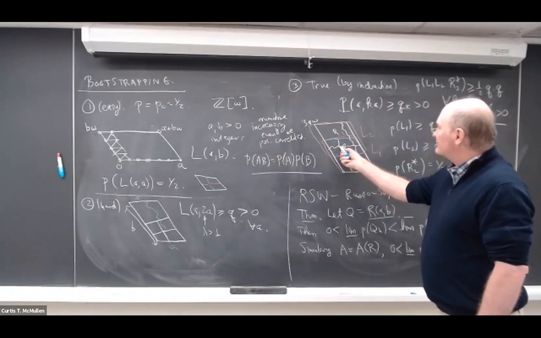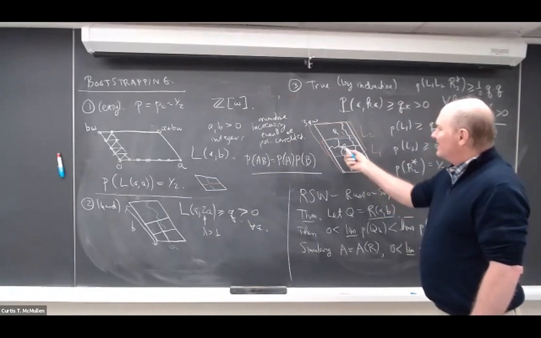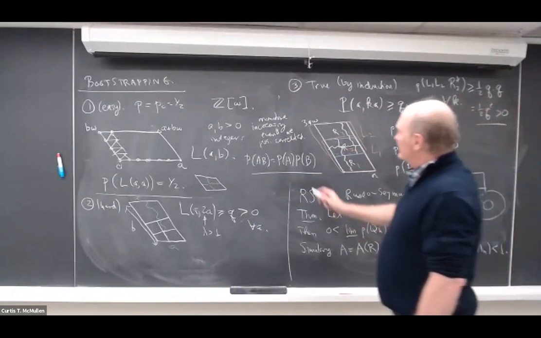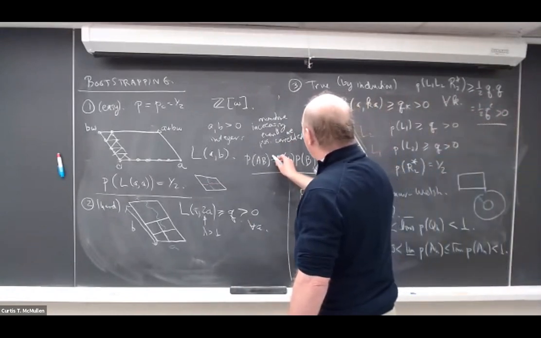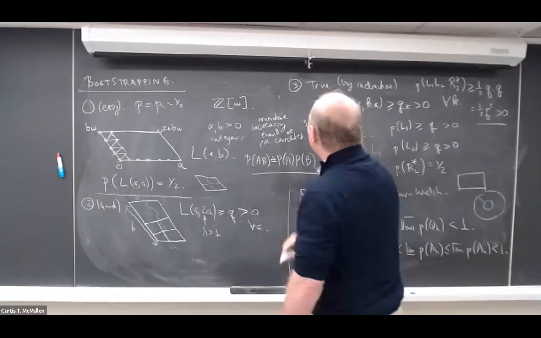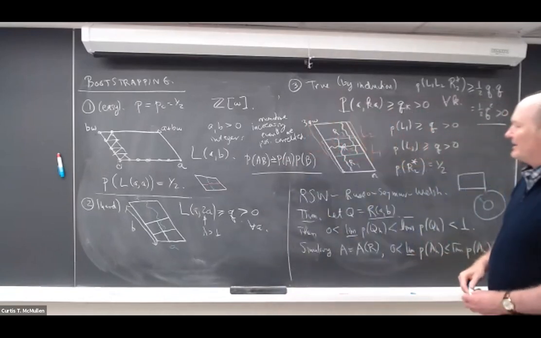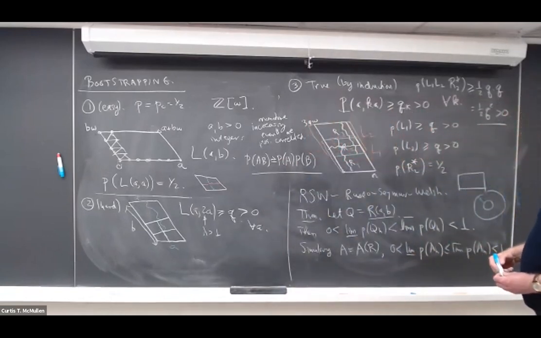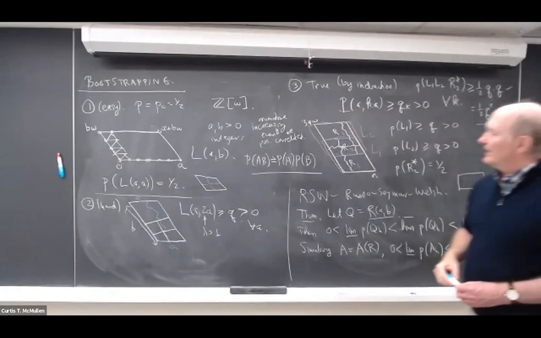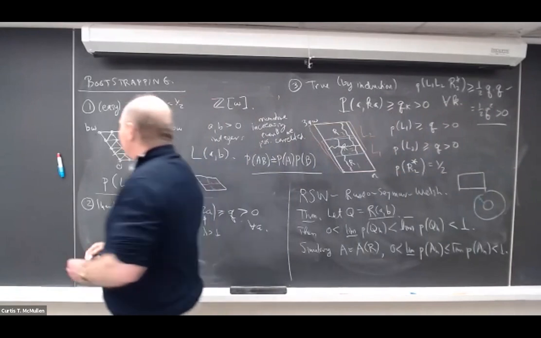Because when R2 is true, more sites are turned on than what there might otherwise be. So for monotone increasing events, the probability of both happening is greater than or equal to the probability of each one individually happening. And that's why we're able to pretend these are independent, to get a lower bound.